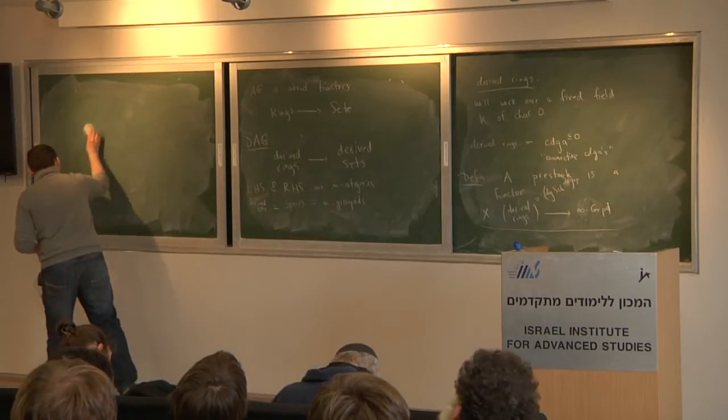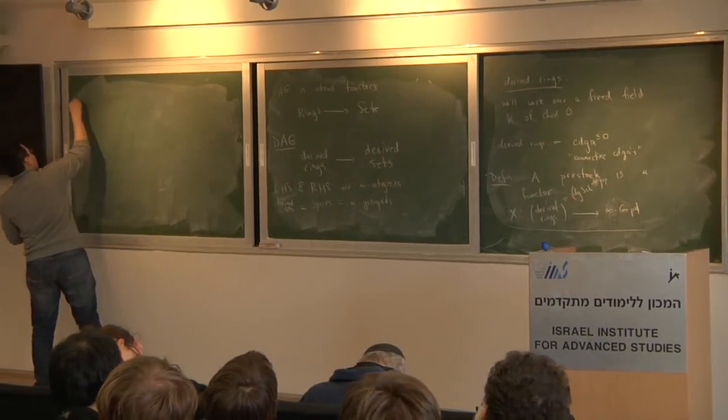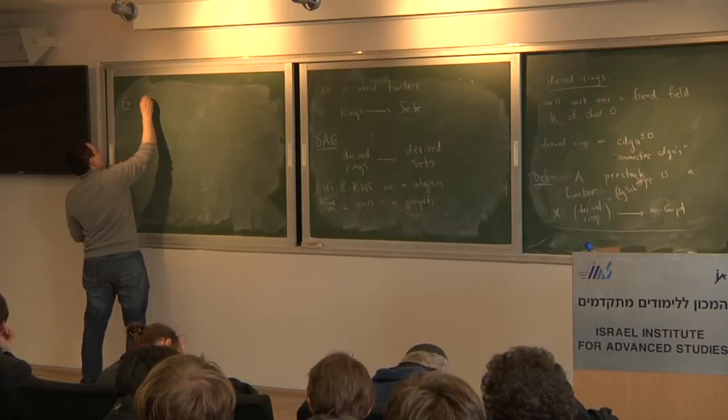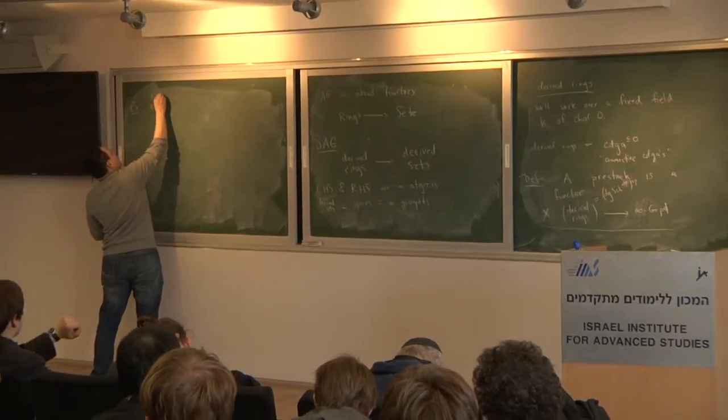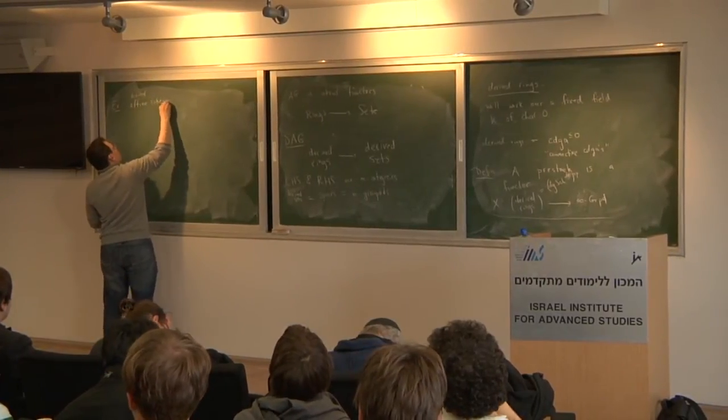All right, but before I continue, let me give one example, which is affine derived schemes.